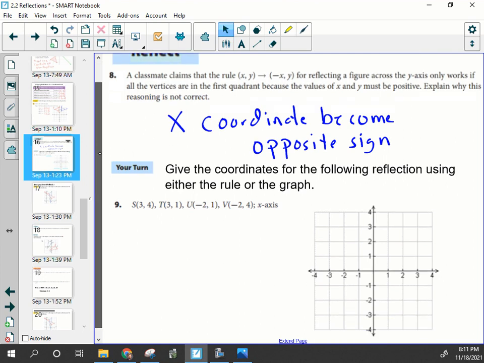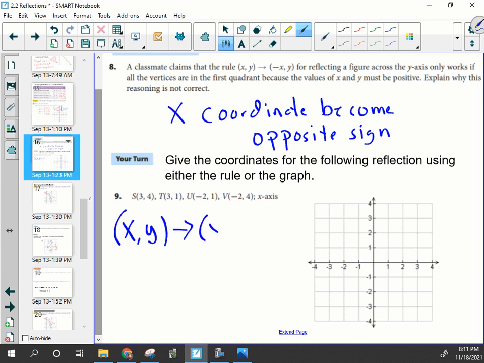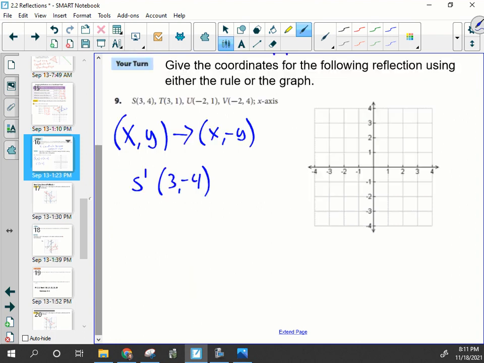Your turn, go ahead. Give the coordinates. So if I'm reflecting over the x-axis, my rule is the x-coordinate will remain unchanged and the y-coordinate will become negative y. So S prime, which is 3, 4, will become 3, negative 4.